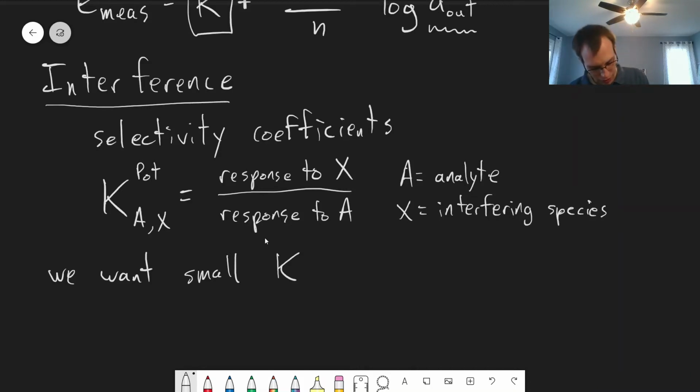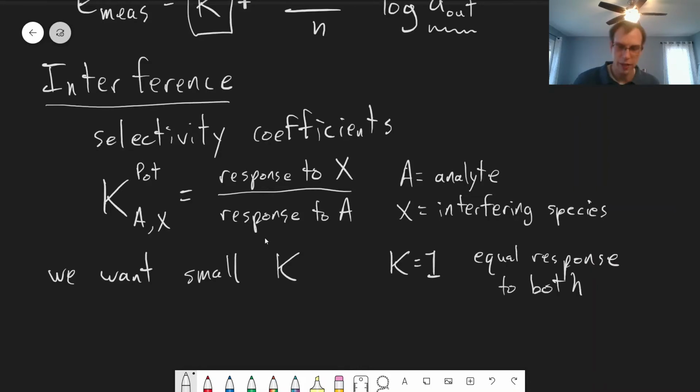So K equals 1 would mean equal response to both species. And ideally we want K like 10 to the negative something, right? You can even have possibly selectivity coefficients that are larger than 1, where you actually have a higher response to the interfering species than your analyte that you're interested in.